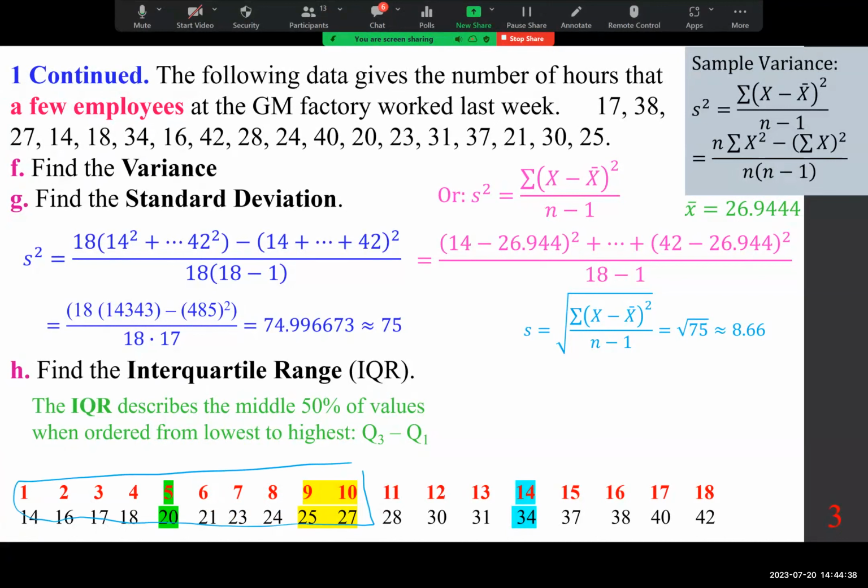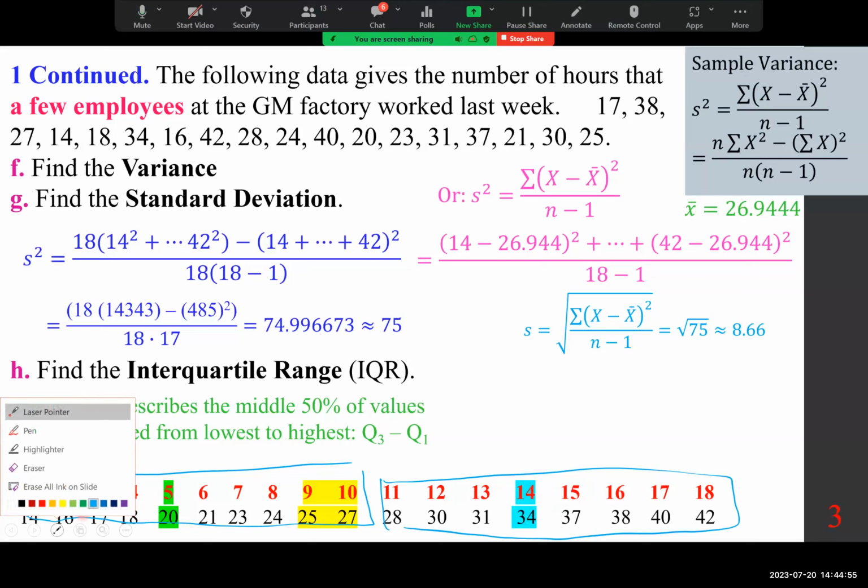So you're looking at the bottom half. Now you're looking at the top half. For the top half, again, it's odd, so the middle one is the answer, which is the top half is here. Okay. The bottom half, the top half, and the 14th piece of data, which is 34, in this case, number 2.